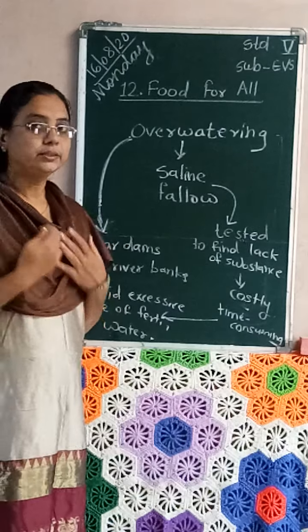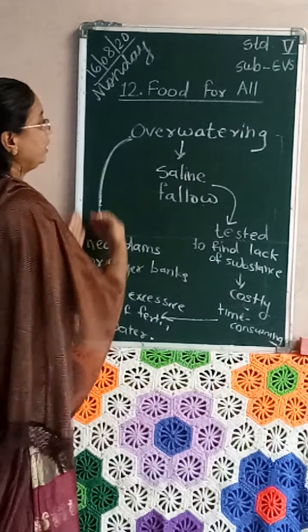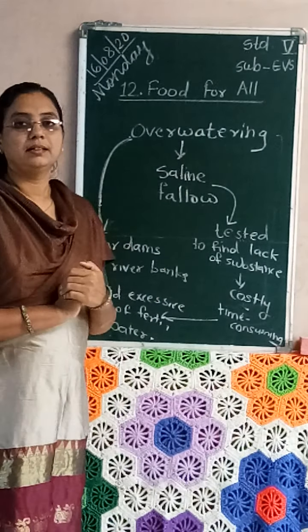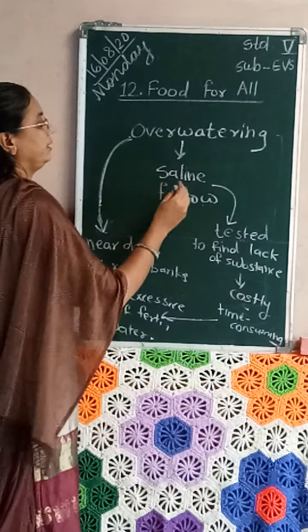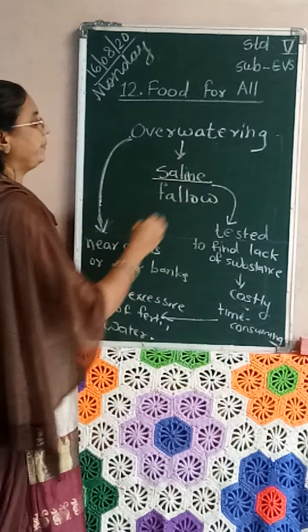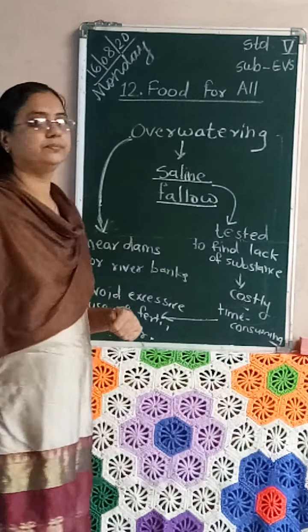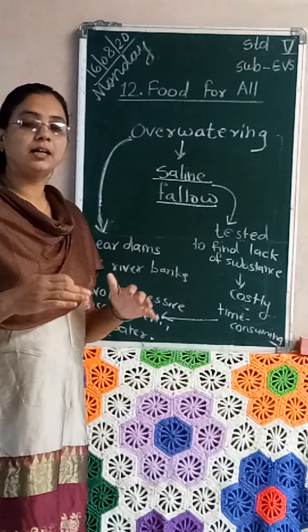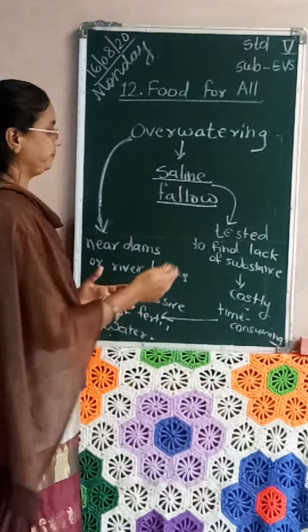So if the farmer gives over-watering to the field, what will happen? Because of the over-watering, the farm will become saline or fallow. Saline or fallow means what? The land will become barren, not good for crop production.